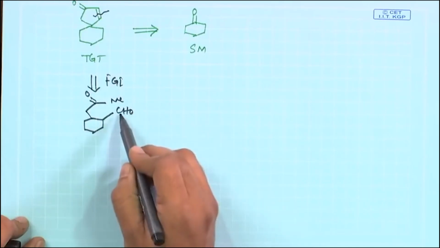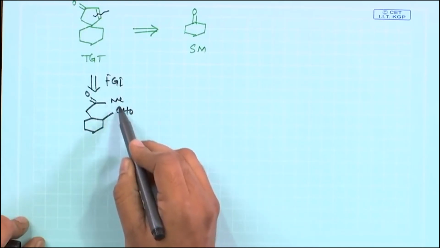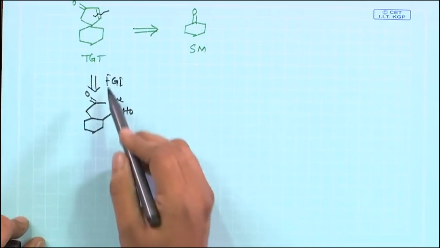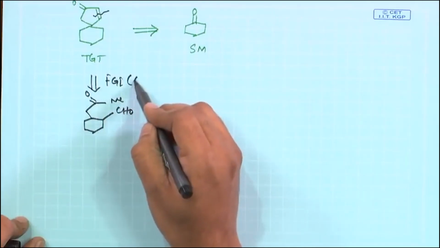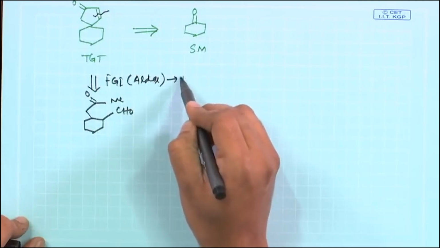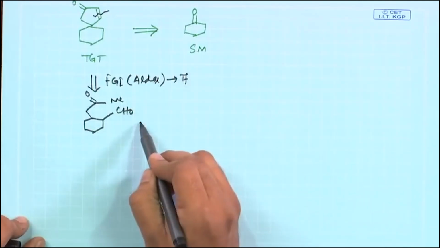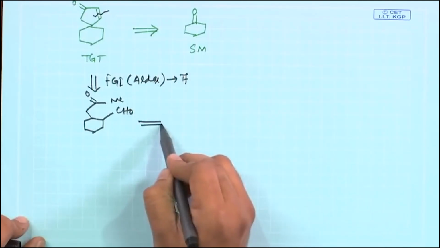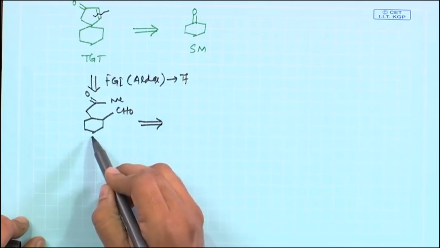So, if you have an aldehyde, you can do an intramolecular aldol here, aldol dehydration. So, basically the transformation is aldol. This is the transformation we are talking about, fine. And then you basically need to make this compound.